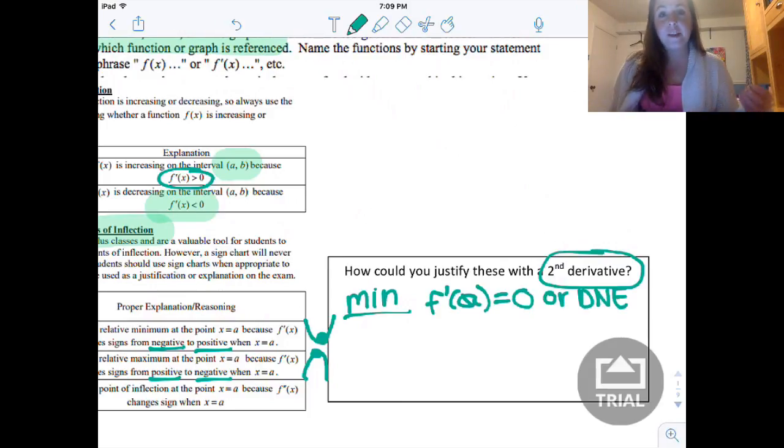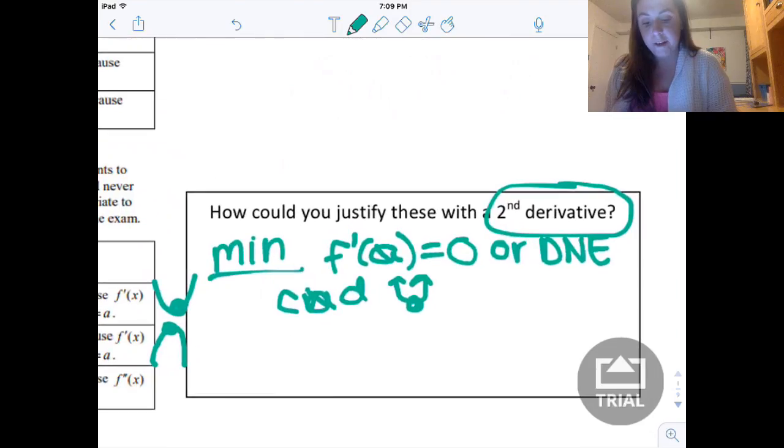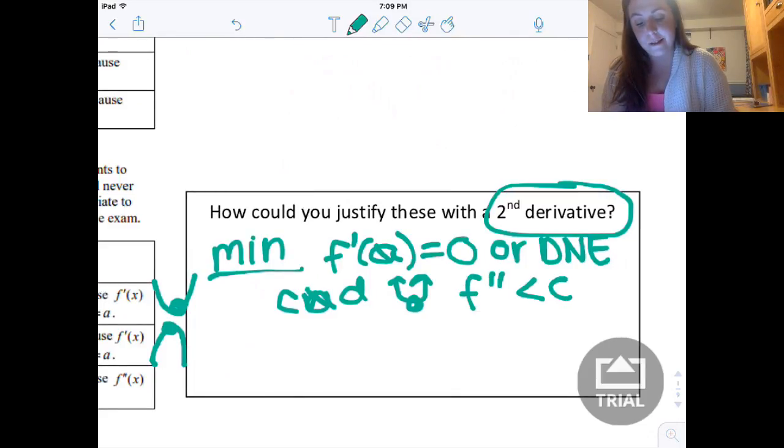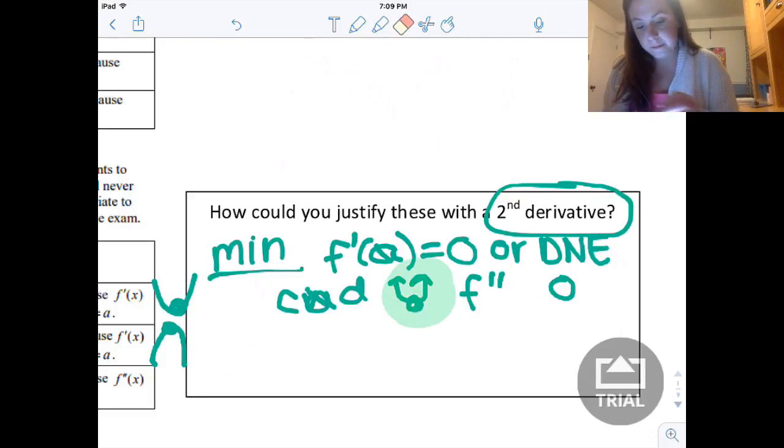We need a critical value there because that's our candidate for a max or min. And the function is concave up, because that's going to have a minimum on the graph. The function will be concave up when f double prime is greater than 0. So when you think concave up, think f double prime greater than 0. That will be a minimum.